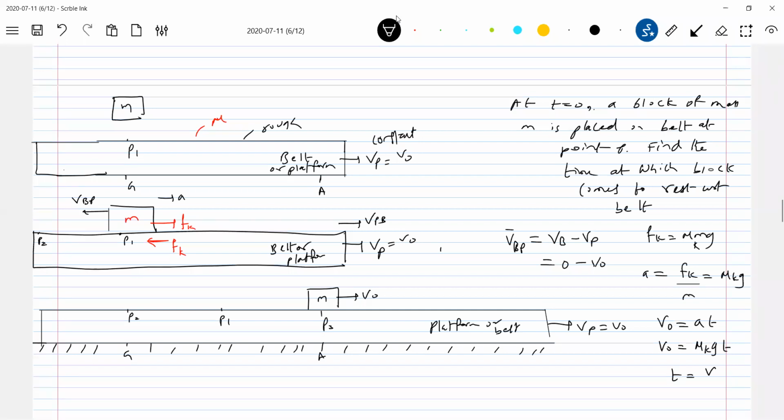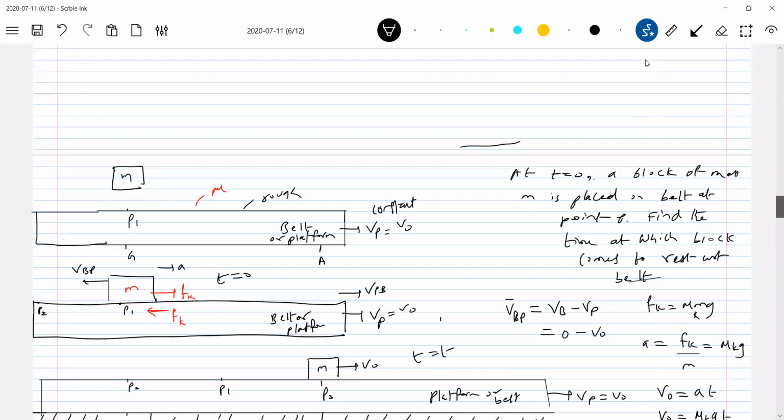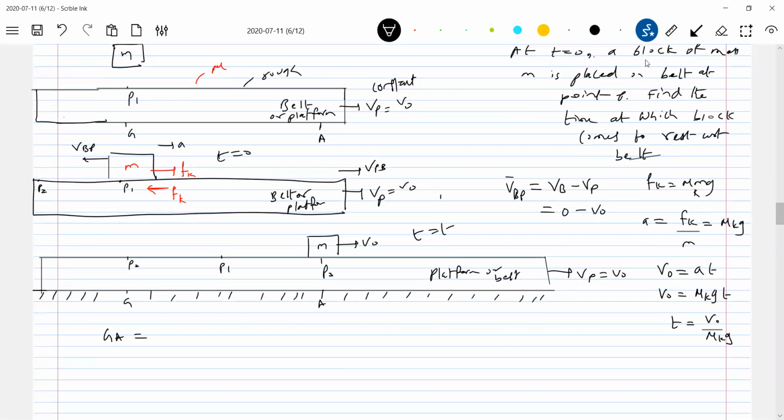So how much time will it take for the block to stop slipping with respect to the platform? T equals V naught by mu k g. How much distance has it moved with respect to ground? Can we calculate the distance GA?